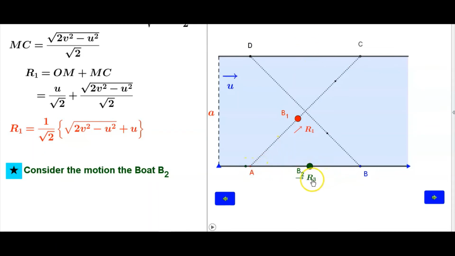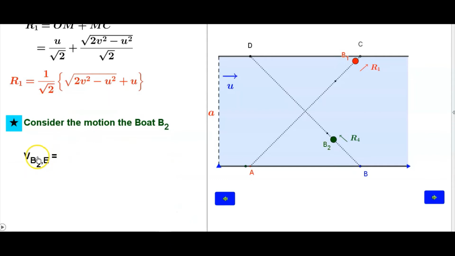A to B, the resultant velocity R3, then B to D, the resultant velocity R4. Velocity of B2 relative to Earth in two directions: from A to B, R2, then B to D, R4.